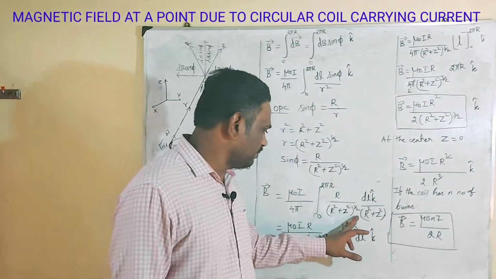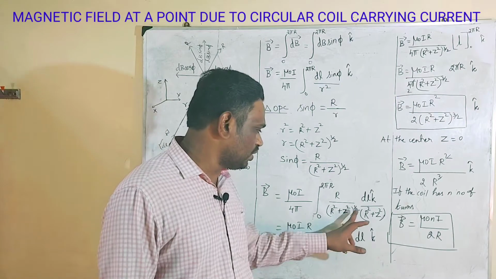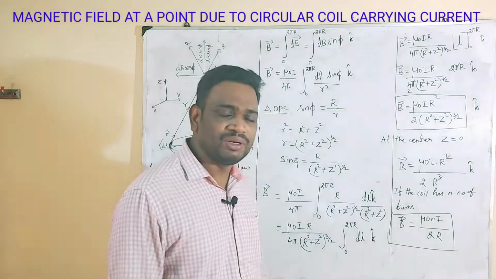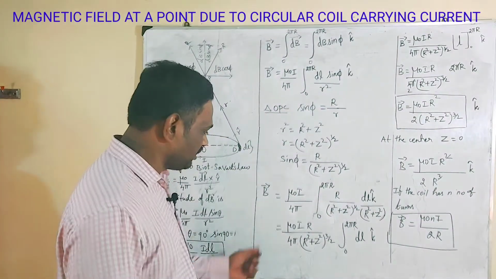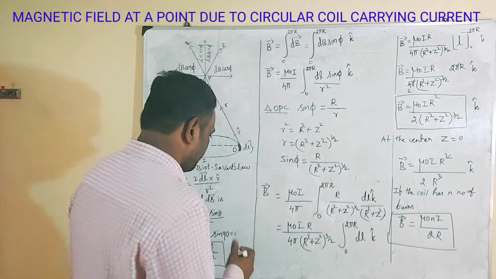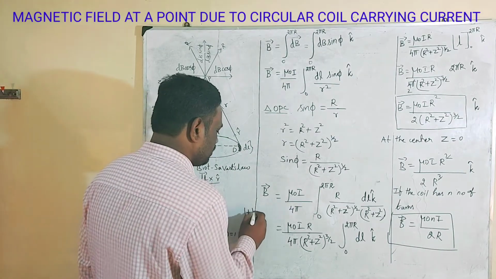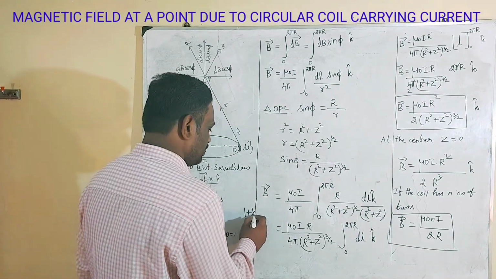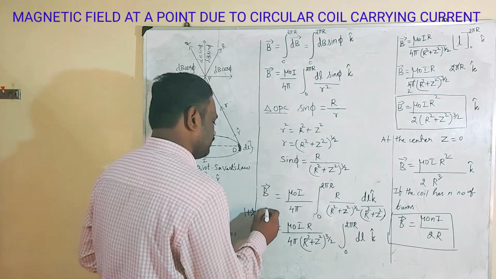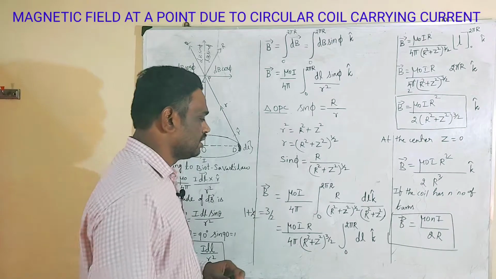Here we have R square plus z square whole power 1 by 2. Here we have R square plus z square whole power 1. So when you add 1 plus 1 by 2, we will get 3 by 2.